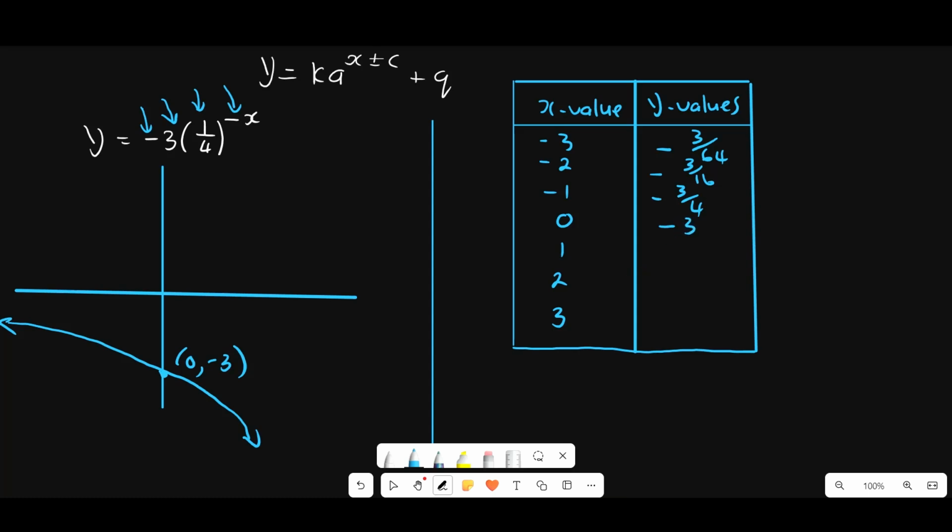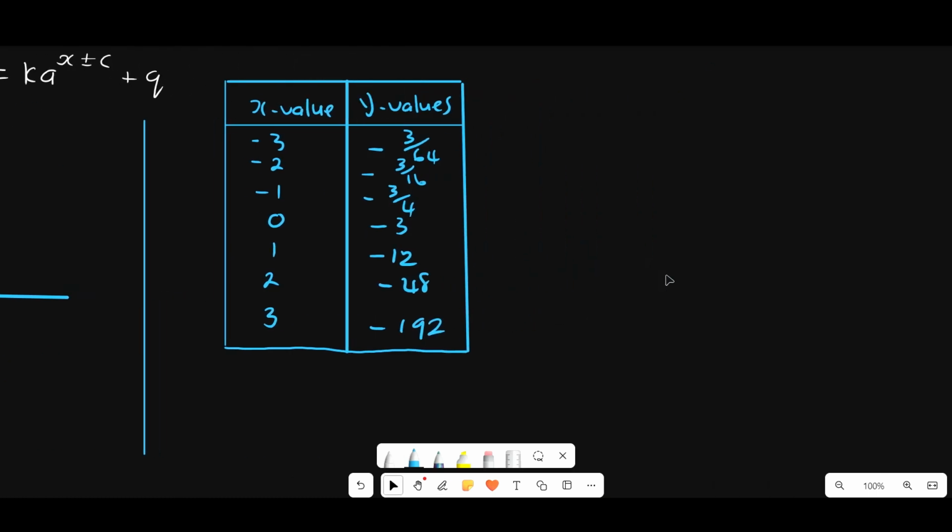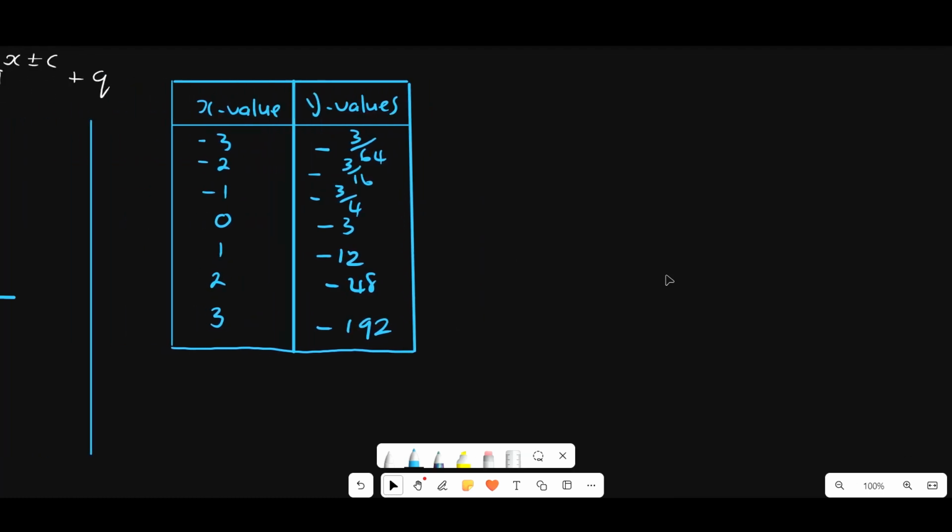If you plug in 1, then you will get -12. If you plug in 2, you will get -48. And then if you plug in 3, you will get -192.